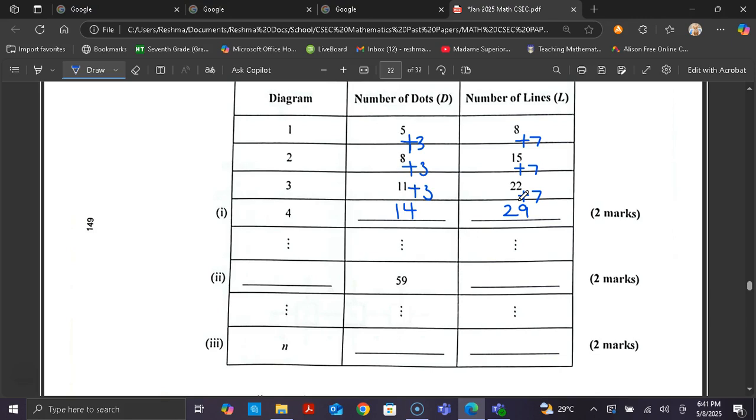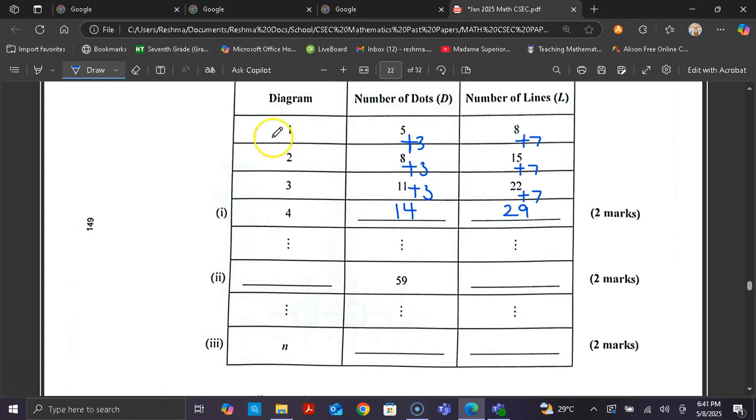Linear meaning that the formula for the nth diagram will take the form of a linear equation of a straight line, y is equal to mx plus c. So if the number of dots is increasing by 3, it means then that 3 would be the gradient of the line.